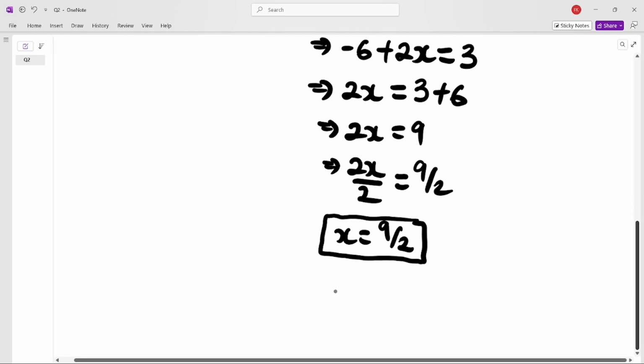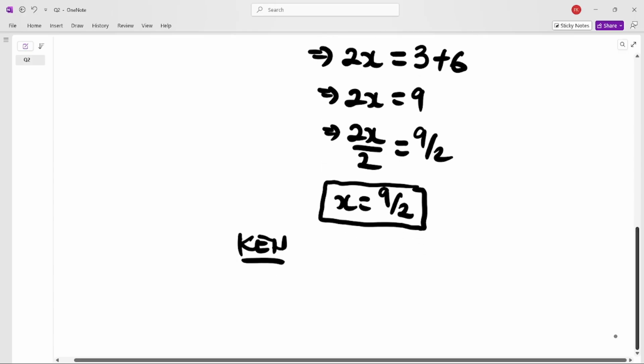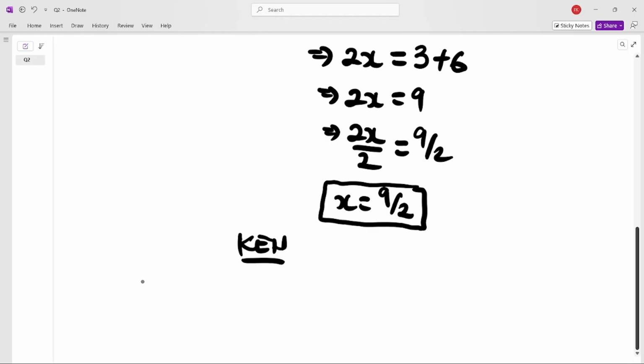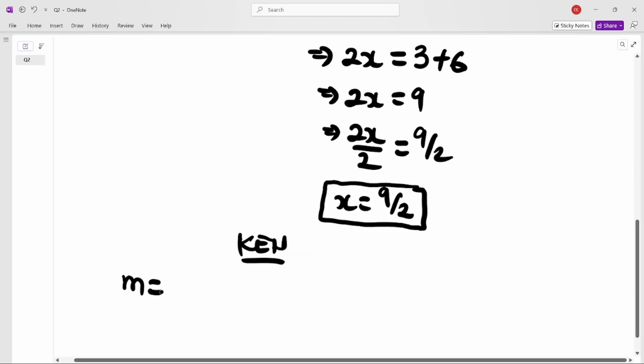Thank you, sir. Now to Kennedy. So for this, first we have to find the gradient. So we have our points. M is equal to y minus 3 all over 4 minus 1, which is equal to y minus 3 over 3.